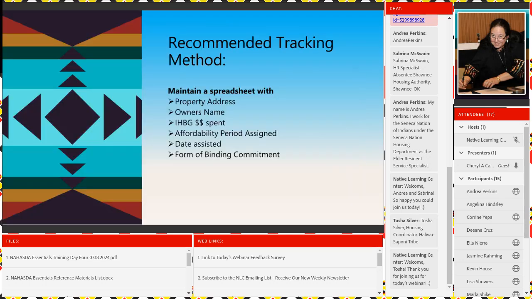So recommended tracking methods: property addresses, owner's name, amount of block grant money spent, the affordable period assigned, the date assisted, and the form of binding commitment. So we offered down payment assistance. I had a staff member married to a non-native. They got divorced.